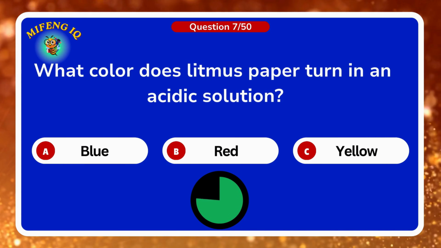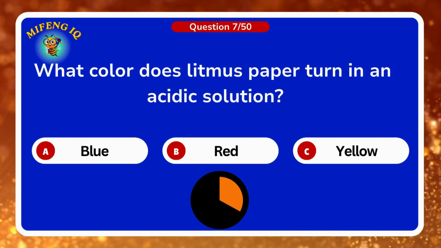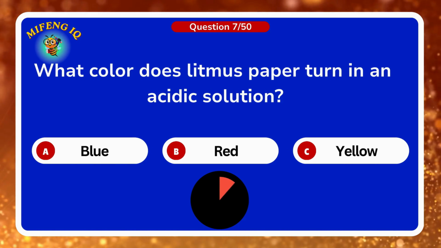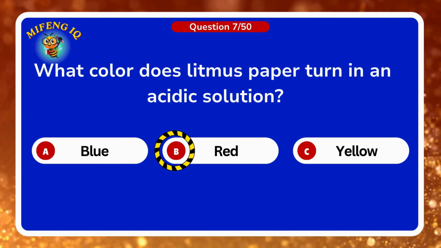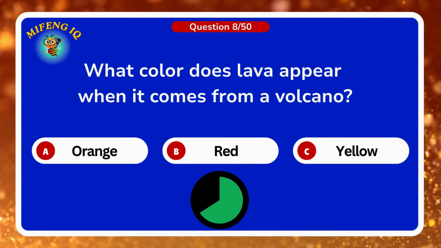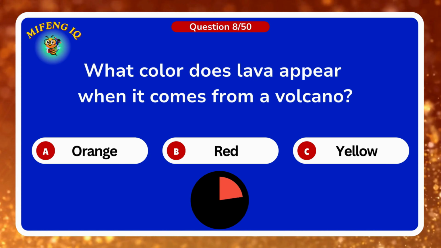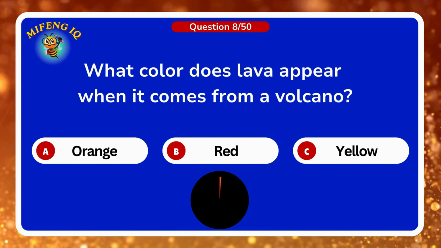What color does litmus paper turn in an acidic solution? Red. What color does lava appear when it comes from a volcano? Red.